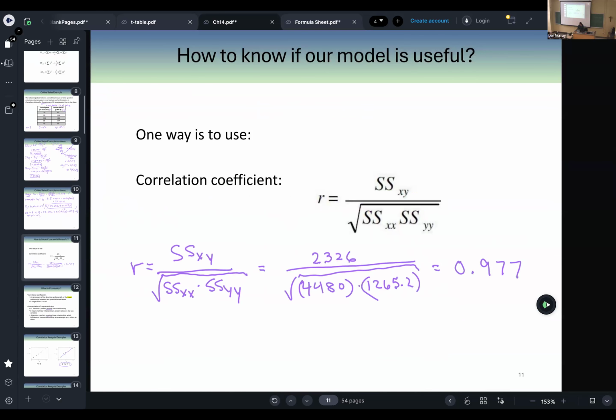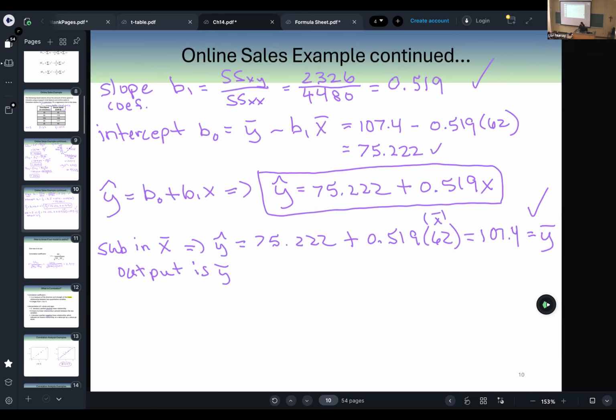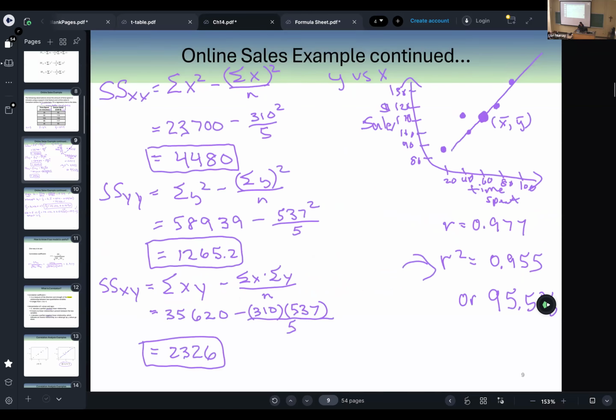We calculated R to be 0.977, and then we calculated R squared, which was 0.955, which is 95.5%. Incredible. But again, based on 5 observations. With a larger data set, those numbers decrease, but it's a good way to see the association, right? And we're going to keep working with this example to get more metrics out of the regression to assess the fit, okay?